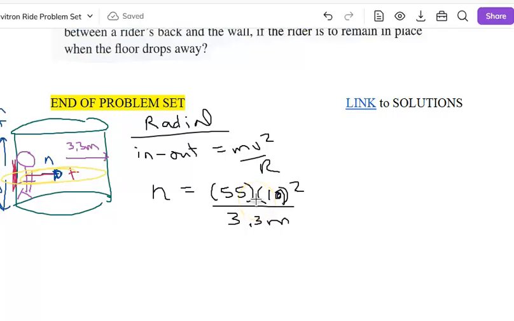So 55 times 100 divided by 3.3 is 1,667 newtons.